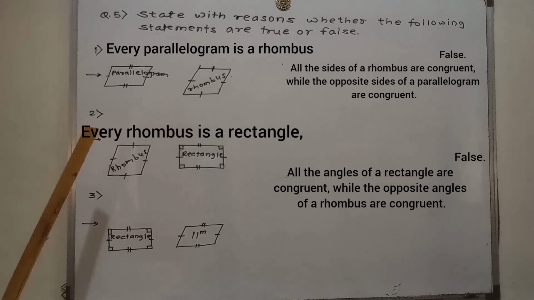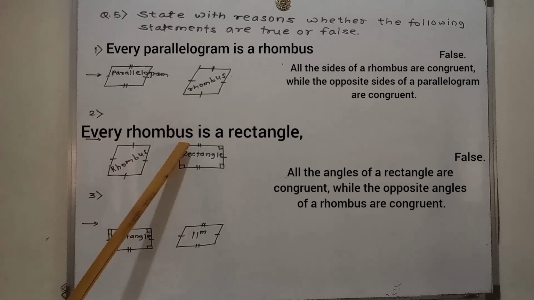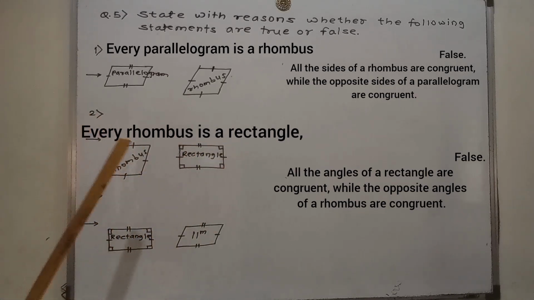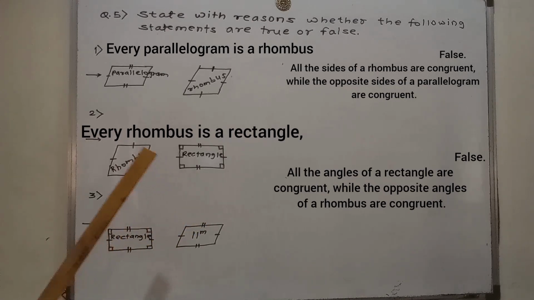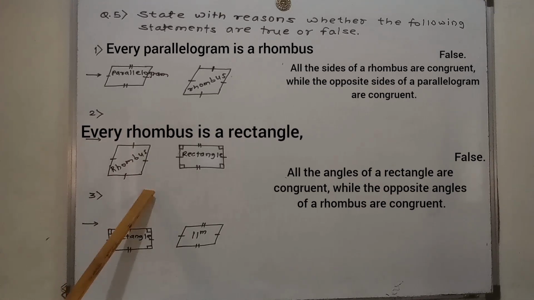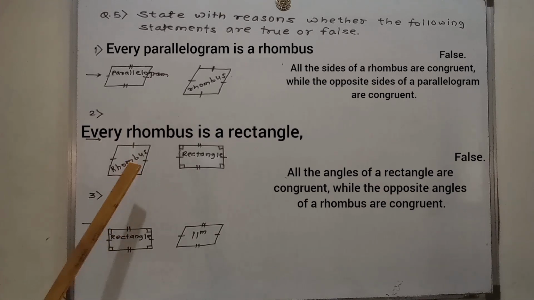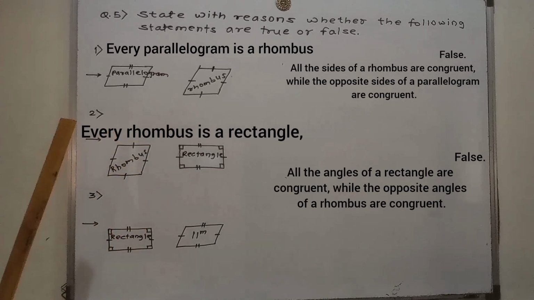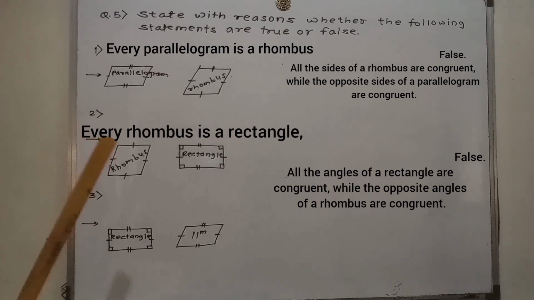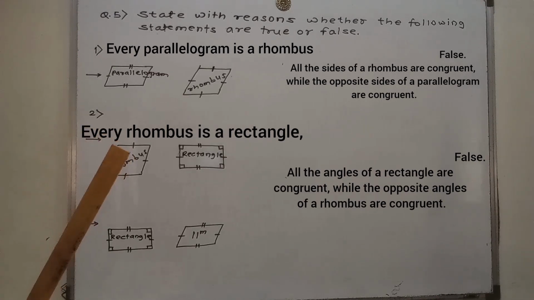All the angles of rectangle are congruent because each angle is right angle, or measure of each angle is 90 degree, while the opposite angles of a rhombus are congruent. Only opposite angles, pair of opposite angles are only congruent.